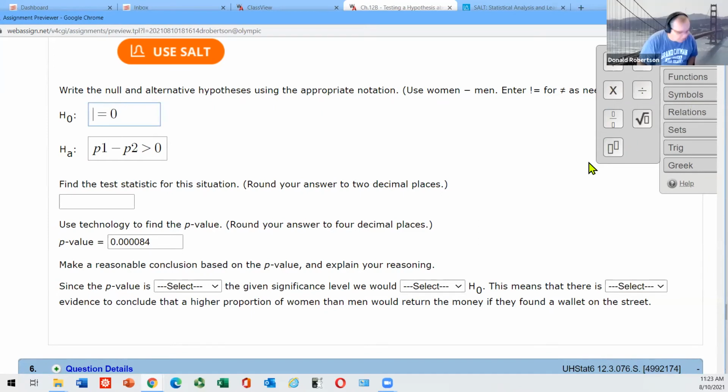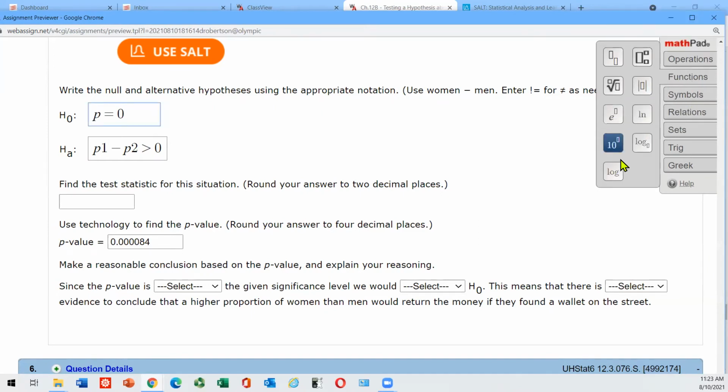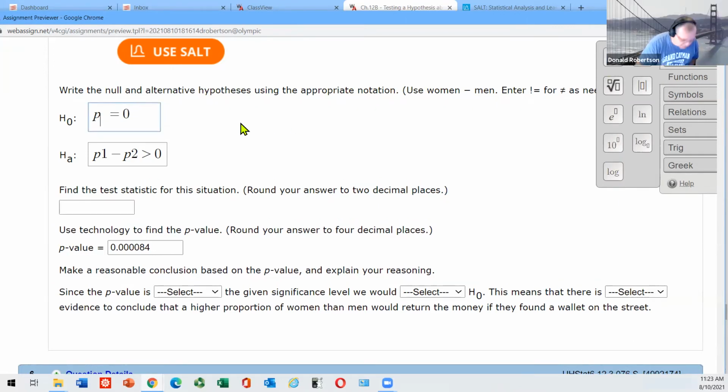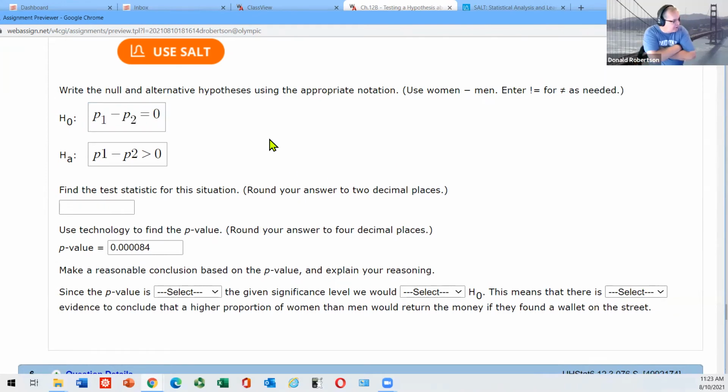Strange place to put it, but here, P, functions, subscript, that's the top one, yeah, and then put in 1, move to the right, subtract, P, subscript, 2, move to the right. Okay, try that one.